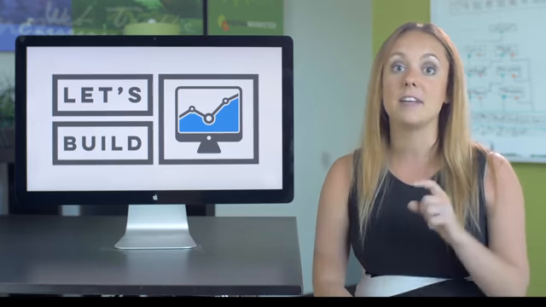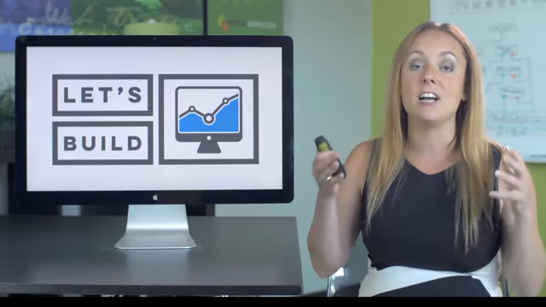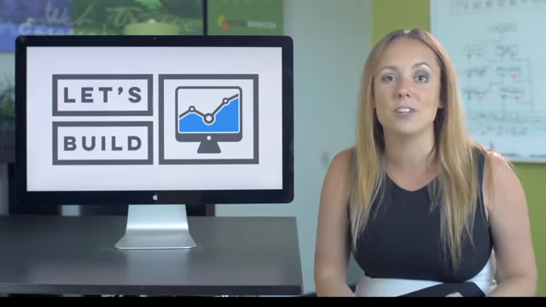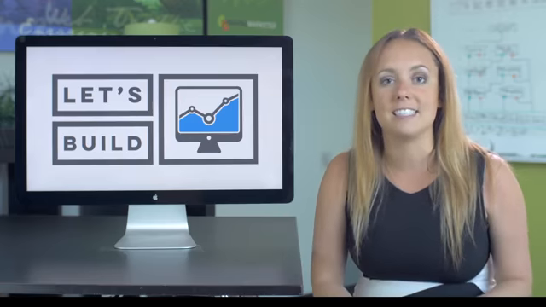Now, keep in mind that through this mini class, we have built one campaign, which is awesome, but one campaign is not going to generate the leads and sales needed for your business in the long term. What you really need is a traffic system. Now, inside of Let's Build a Predictable Traffic System, we have 20 plays that you can deploy.